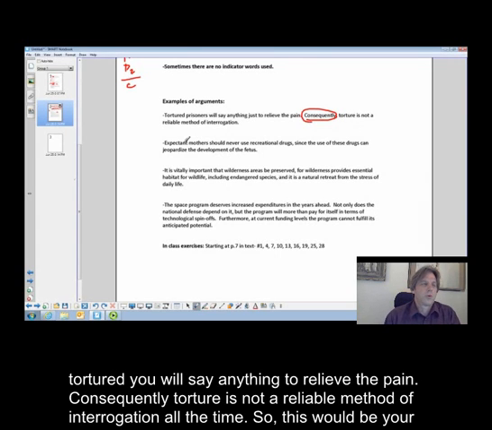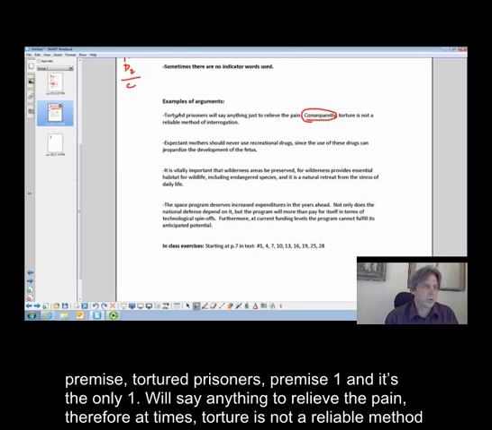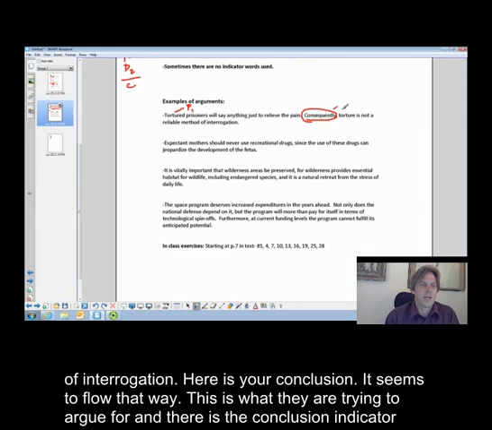Consequently, torture is not a reliable method of interrogation all the time, right? So this would be your premise: tortured prisoners, premise 1, and it's the only one, will say anything to relieve the pain. Therefore, at times, torture is not a reliable method of interrogation. Here's your conclusion. It seems to flow that way.